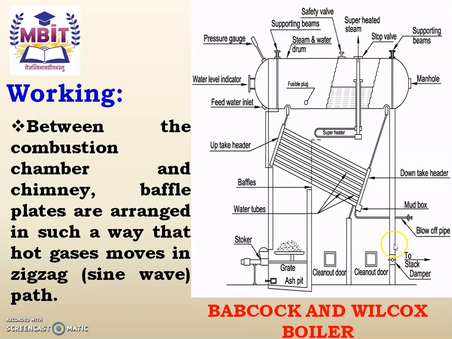But to ensure that hot gases remain in contact with the tubes more times, the baffle plates are located so that hot gases move in a zigzag path. It moves up, then down, and then to the chimney. So it is nothing but a sine wave path.